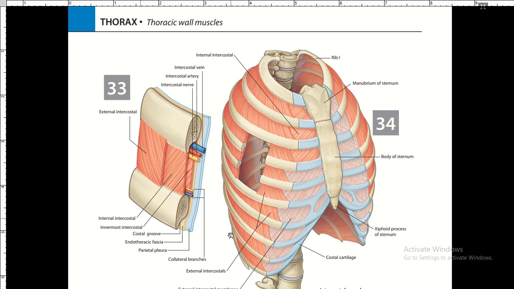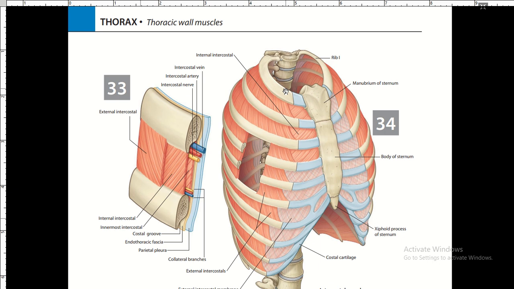So the bottom rib is fixed so that the thorax will not get into the abdomen by the quadratus lumborum, whilst the first rib is fixed by the scalene muscles to prevent it from getting into the neck. Right. So what is important about the internal intercostal muscle is that it is a muscle of depression. So it depresses the thorax.